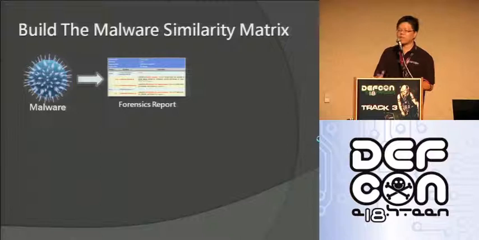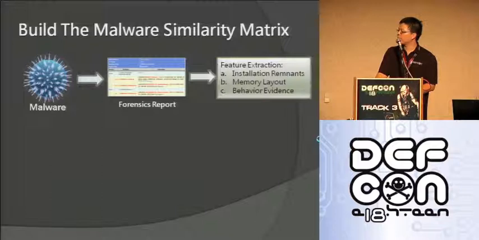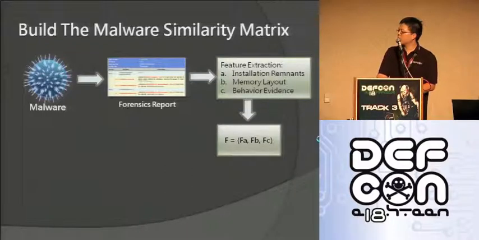Among the test sets that we have, it's more than 400 malware samples. We do forensic reports on all these malware samples, and then we try to extract the 3 significant features that we just mentioned: installation environments, memory layout, and suspicious malware behaviors. All these features will have a score.